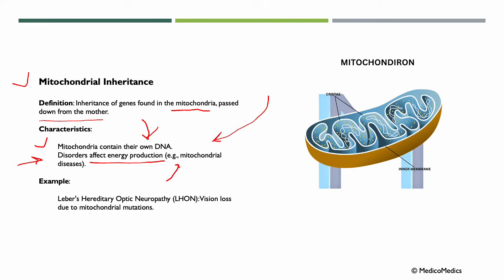And if you remember from our other lectures, it is in the mitochondria where our main source of energy, ATP, is actually produced. An example due to mitochondrial mutations is Leber's hereditary optic neuropathy. This is vision loss due to mitochondrial mutations.